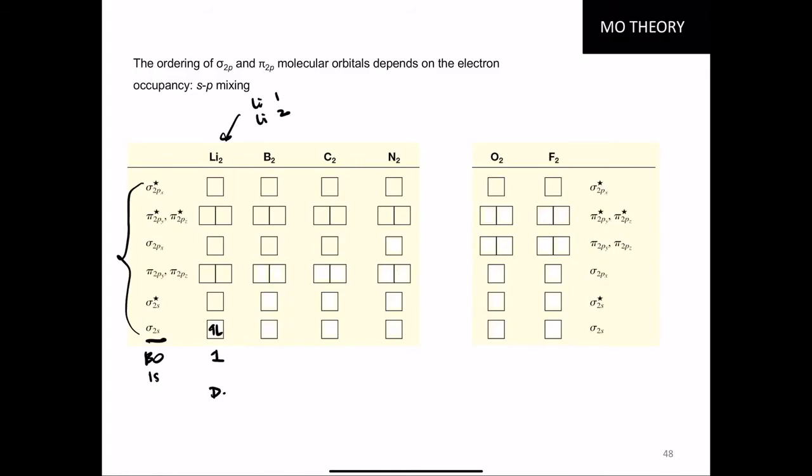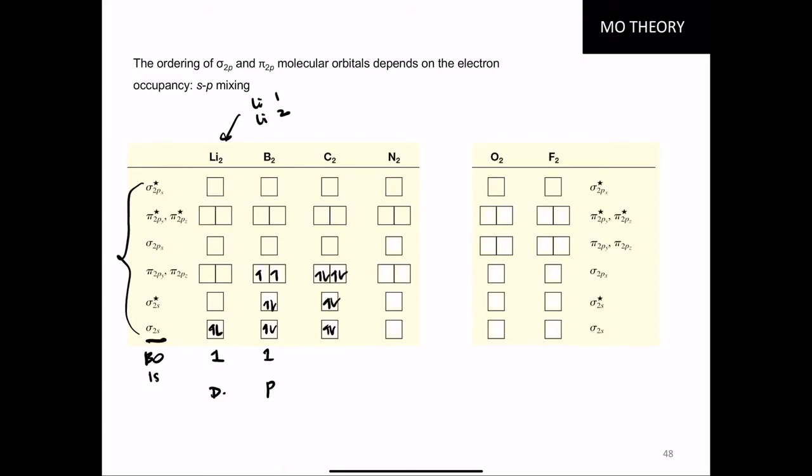Okay. So B2: boron has 3 valence electrons, so it should be 6. So 2, 4, 6. Bond order is, ignoring these guys, 2 minus 0 divided by 2 is 1, and it is paramagnetic. C2 has 4 valence electrons, so 2 times 4 is 8. 2, 4, 6, 8.